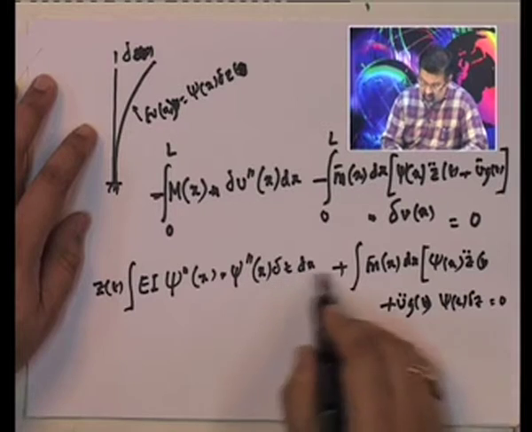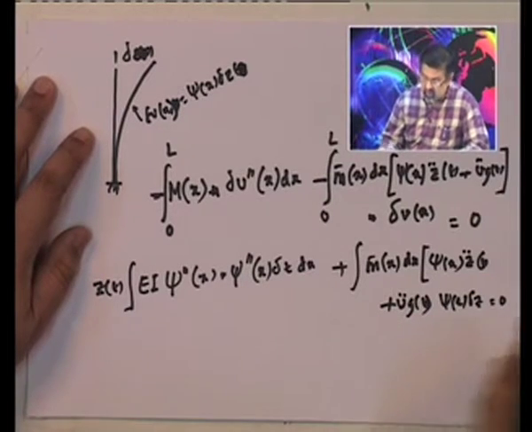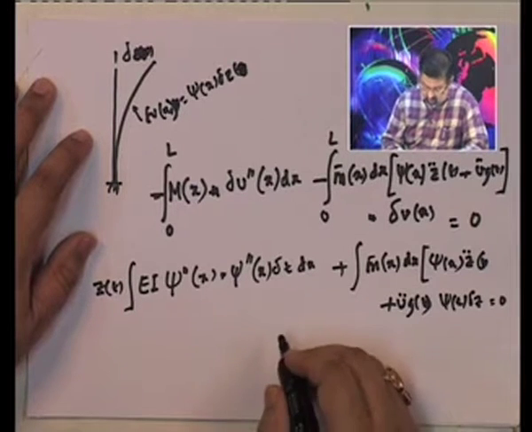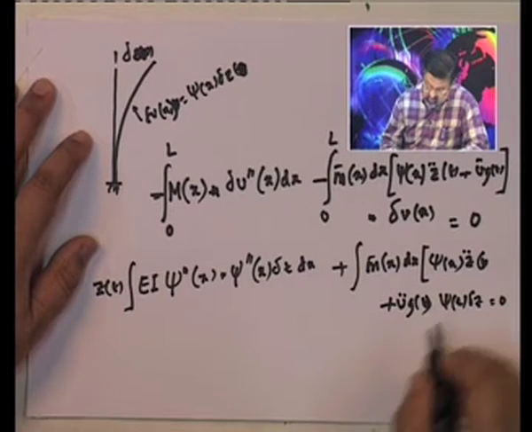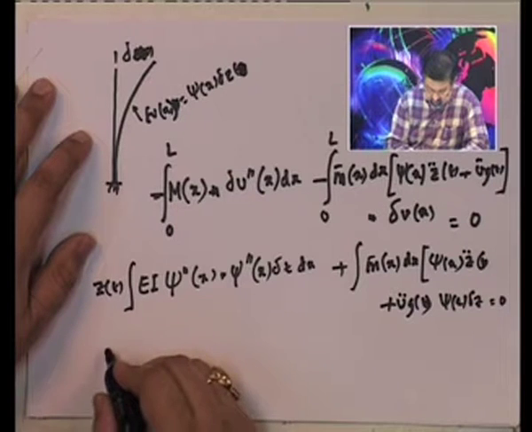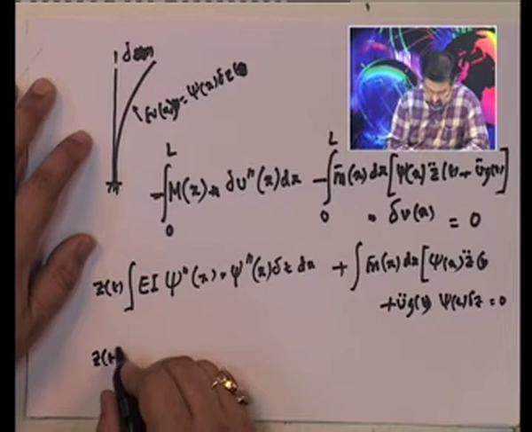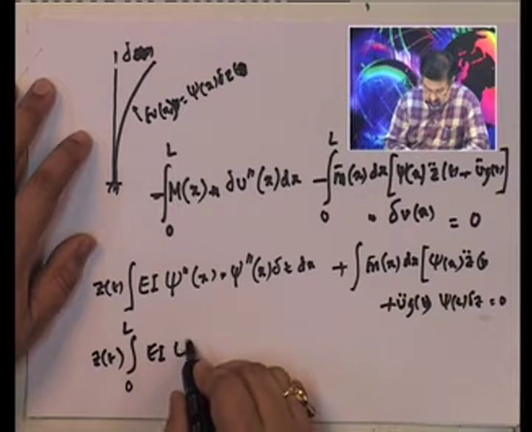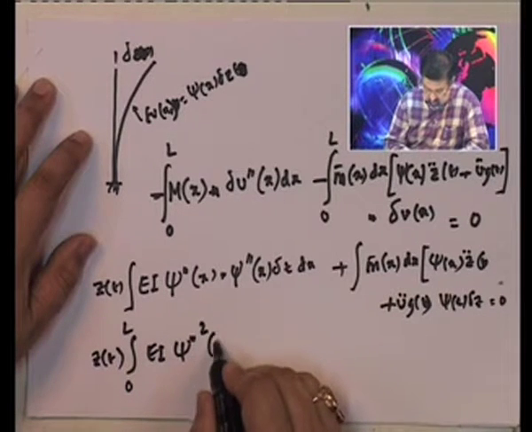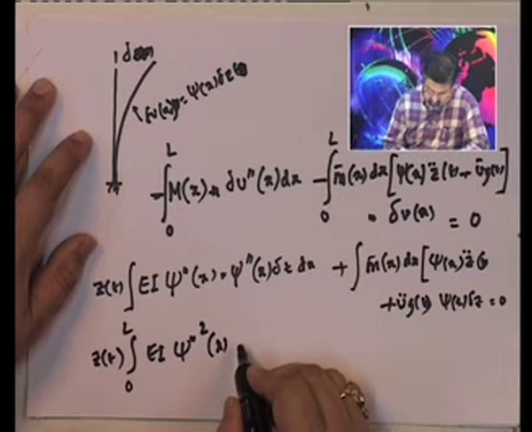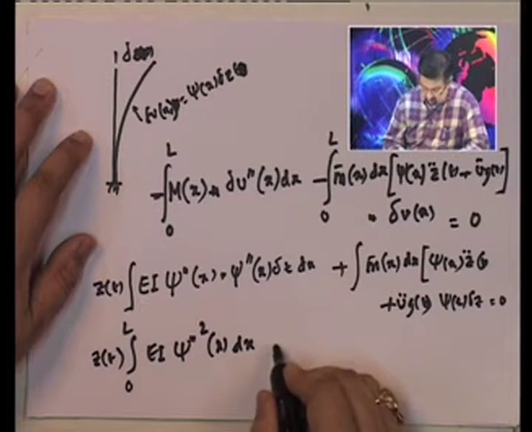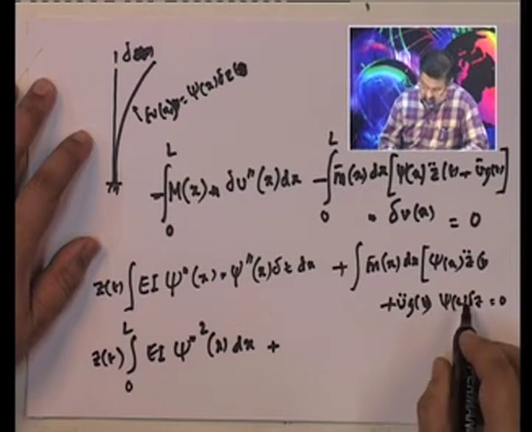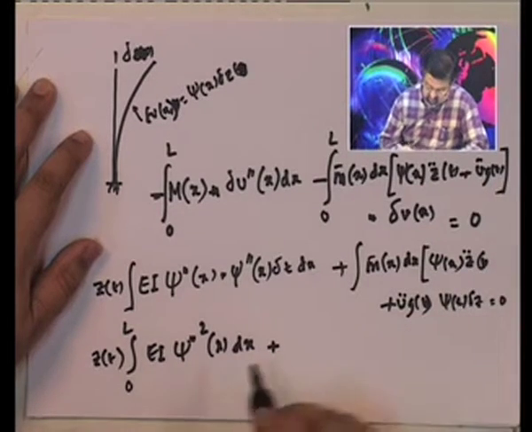Now, since del z exists in both of them, essentially I can take del z outside, and then my equation becomes this: z t, integral 0 to L E I xi double prime squared x dx plus, and I am going to put the z x term outside.